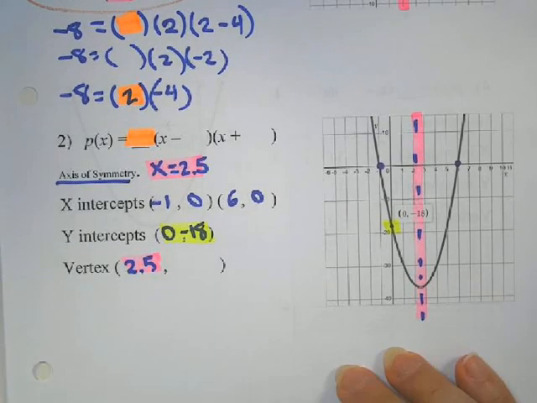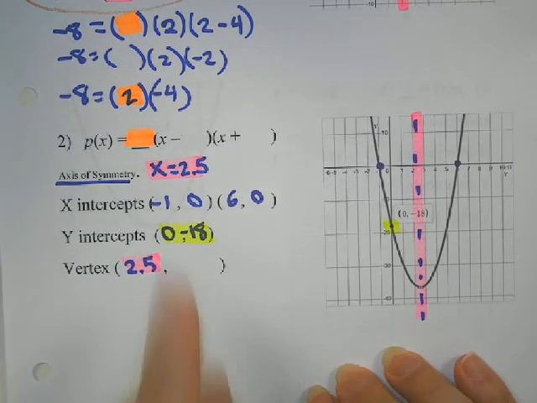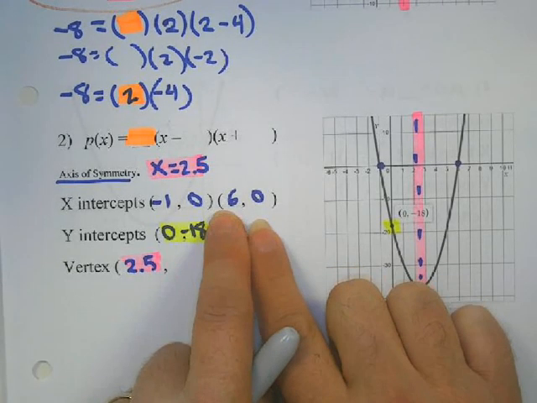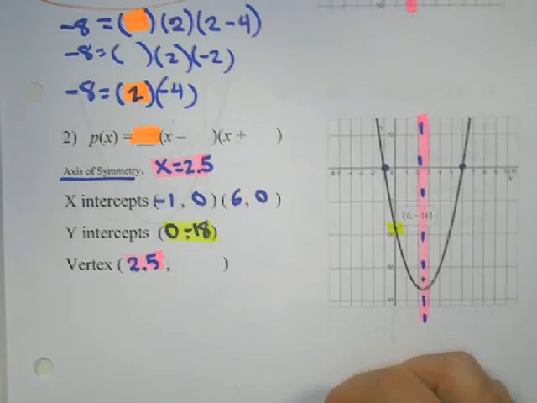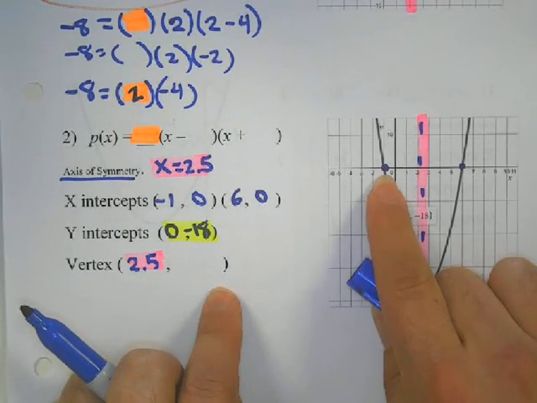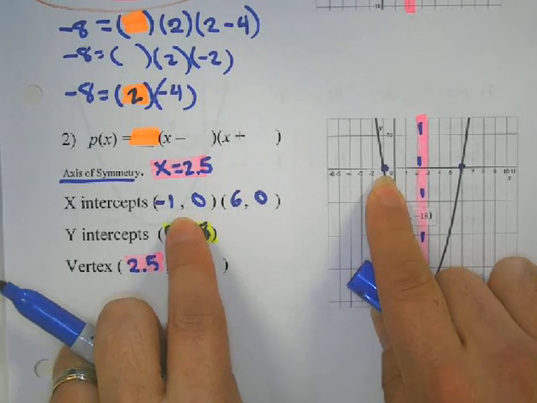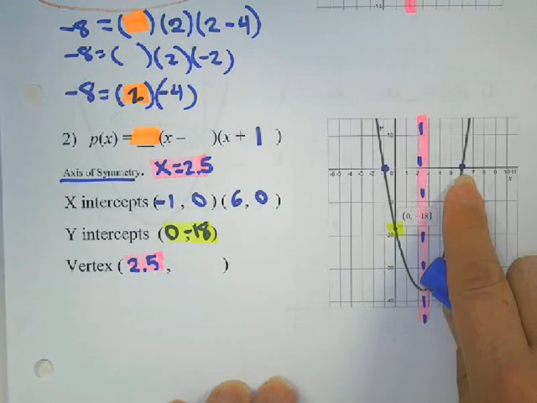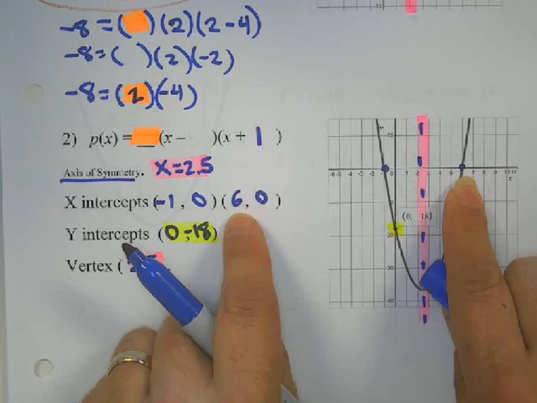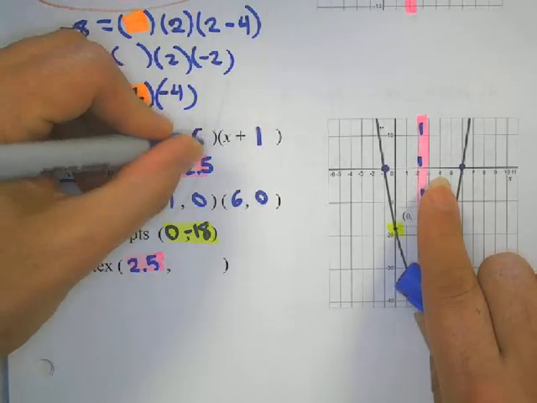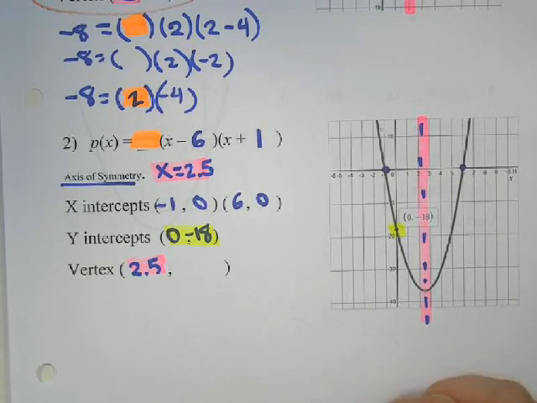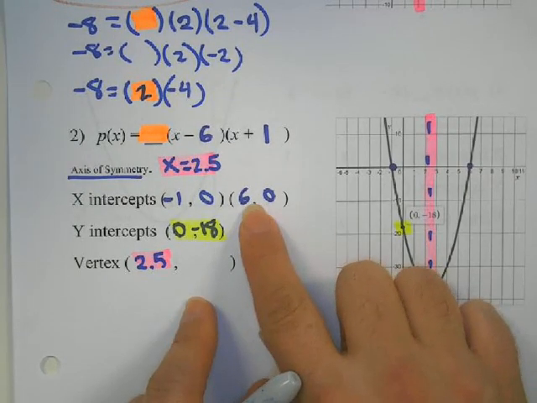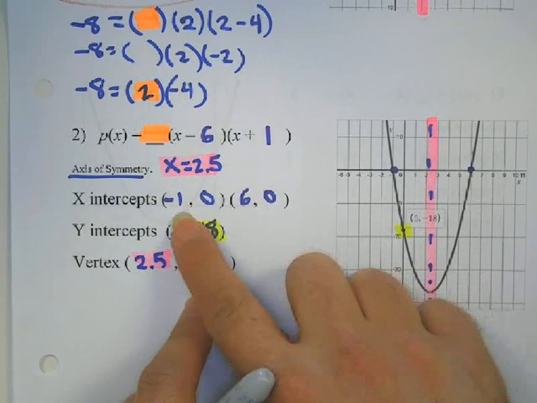Okay. So also, if our x-intercepts are negative 1 and 6, then in order to get negative 1 to be an x-intercept, I have to have x plus 1. In order to have 6 to be an intercept, I have to have x minus 6. So people were a little confused during class because they wanted to say, here's 6, let's put plus 6, and here's negative 1, let's put minus 1.